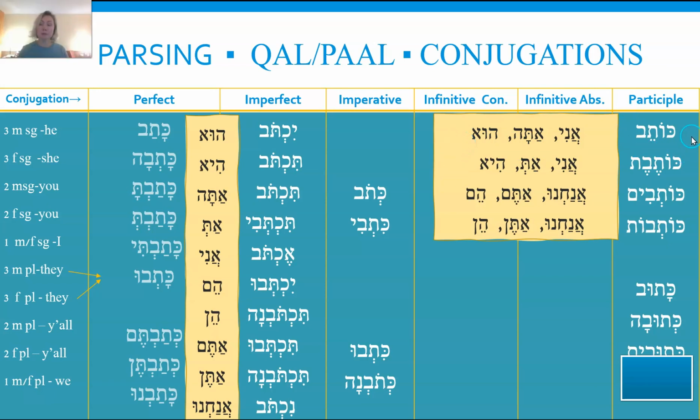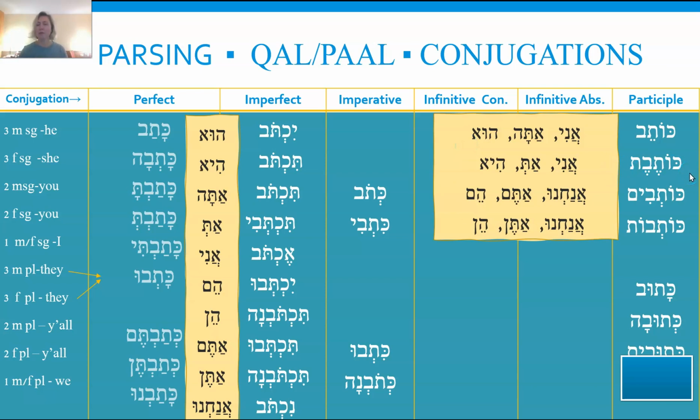If kotev is the masculine singular form, it will correlate to all three persons in singular, right? So ani, ata, and hu, all of them masculine. I, you, talking to a man, he, right, talking about man.